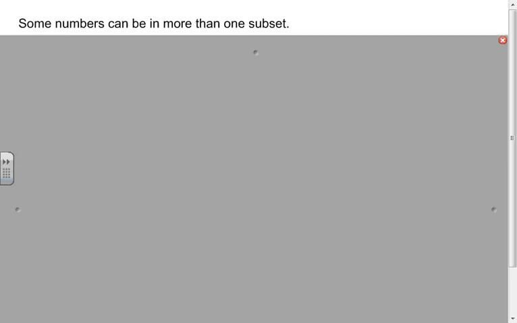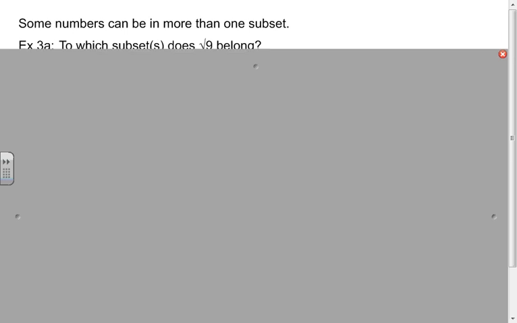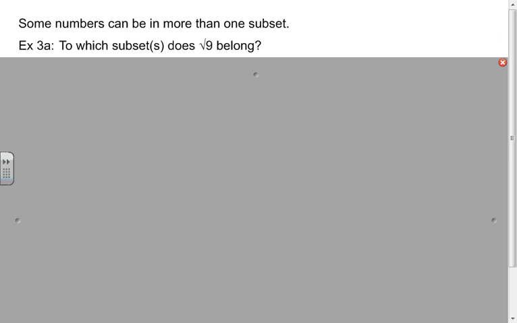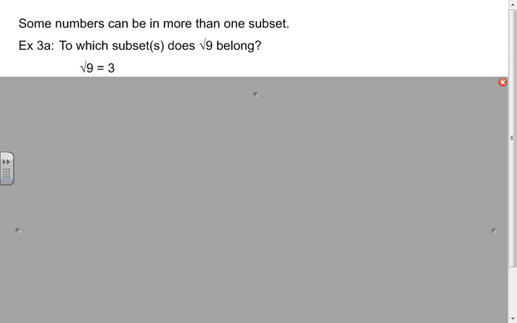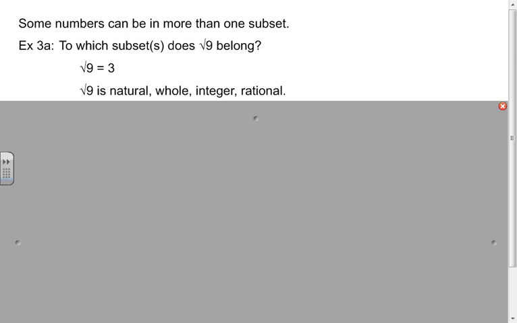Okay, if we turn this type of idea into a problem, some numbers can be in more than one of those 5 subsets. To which subset or subsets does the square root of 9 belong? Well, the square root of 9 is 3. Okay, and 3 can be natural, it's a counting number, it's a whole number, it's an integer, and I can write it as a fraction, 3/1.